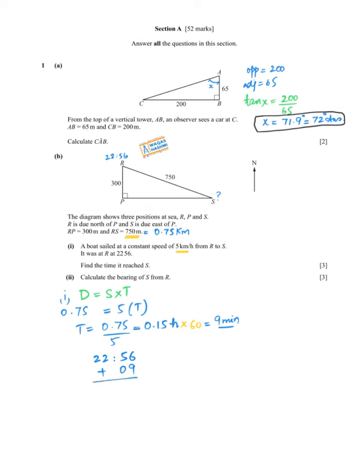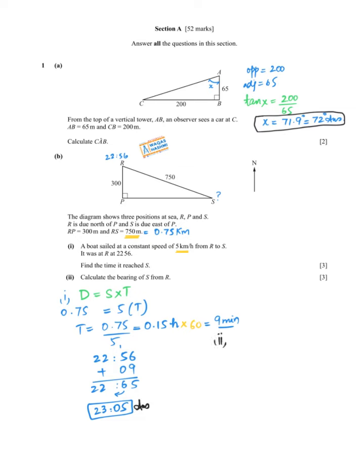So 6 plus 9 leads to 15, right? 5 plus 1 is 6, and that is 22. You don't have 65 minutes in an hour, so I need to shift 60 minutes. That means it will be 23:05. That is the time when the boat reaches the point S, and that is your first part answer.